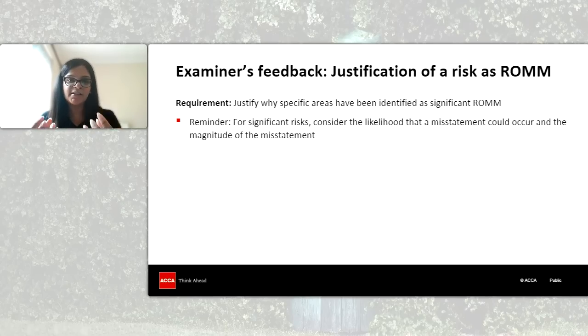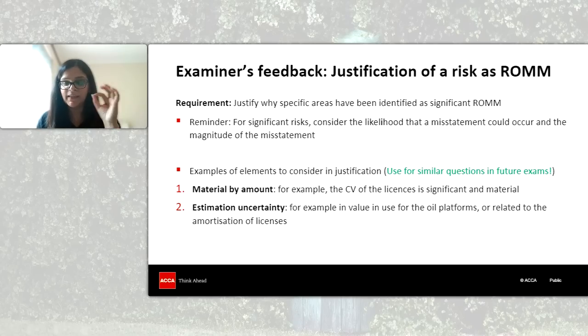So for a risk to be significant, it could have higher chances of happening, it could have a higher impact, or it could be both. So this is something that you need to keep in mind as you attempt this question and other questions in the future. The examining team has gradually come to this point. They started off with testing this as a shorter requirement, then a bigger one for 14 marks.